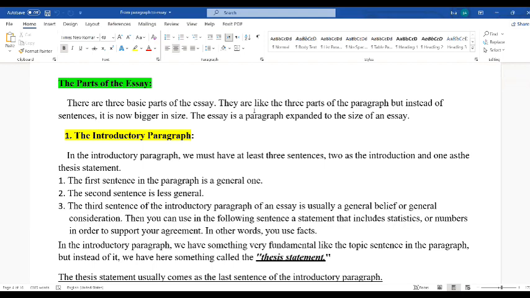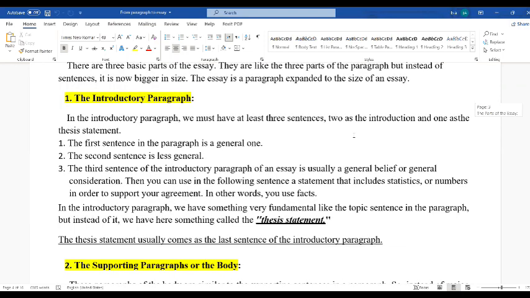Here we have similar parts in the essay, but instead of sentences, we have paragraphs. So it is now bigger in size. The essay is a paragraph expanded, enlarged. It is bigger. So a paragraph expanded to the size of an essay. This is the difference between a paragraph and an essay.